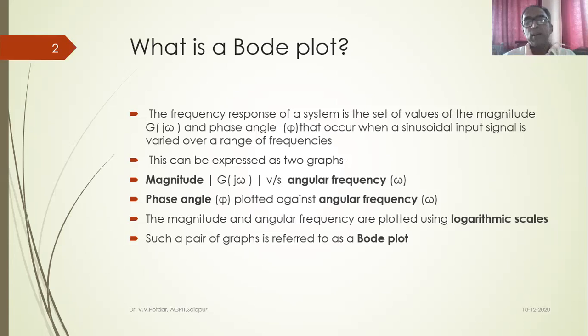The magnitude and angular frequency are plotted using logarithmic scales. Normally these are plotted using semi-log paper. We'll discuss it later. So omega is plotted on the x-axis as I said, but the scale is not linear. The scale is logarithmic.